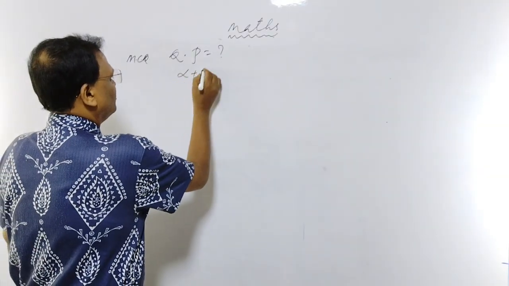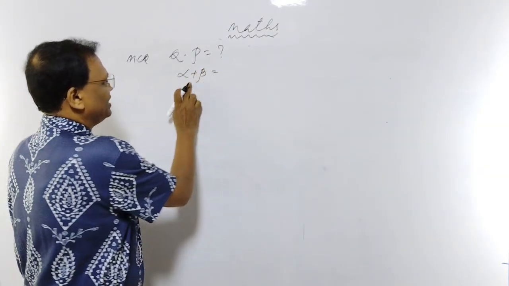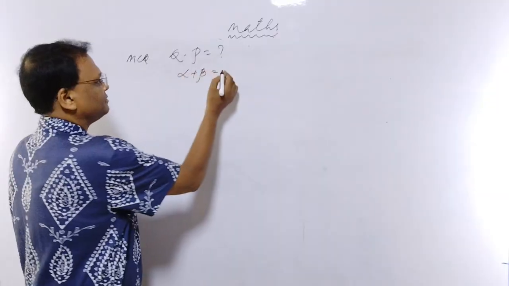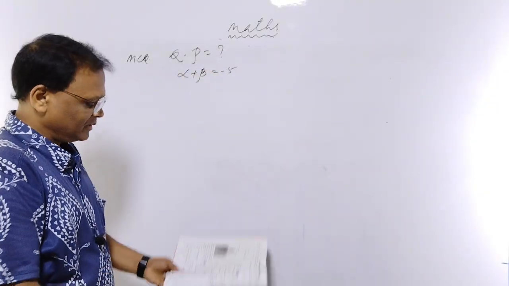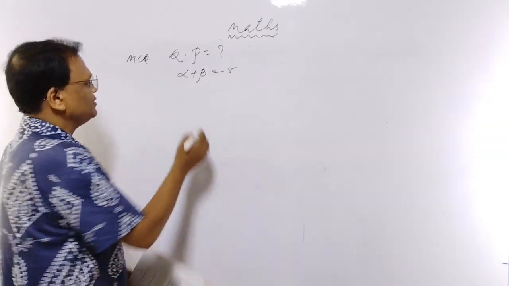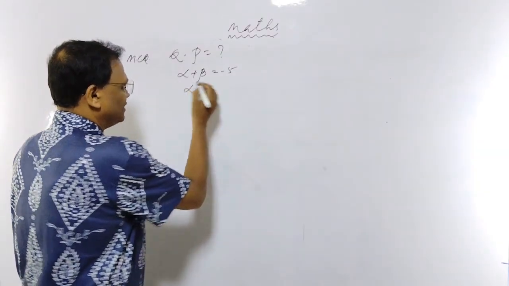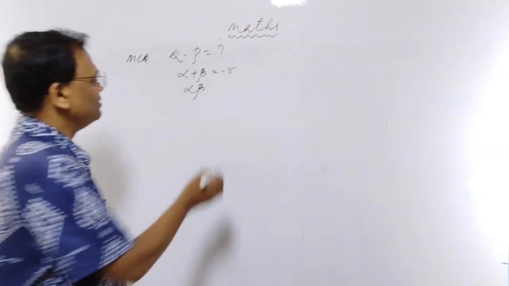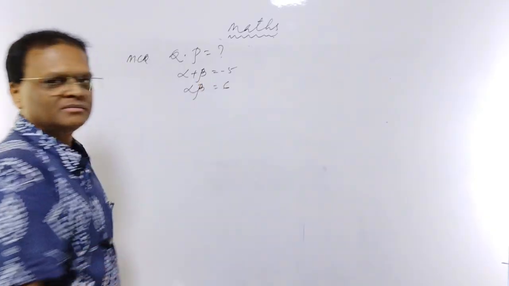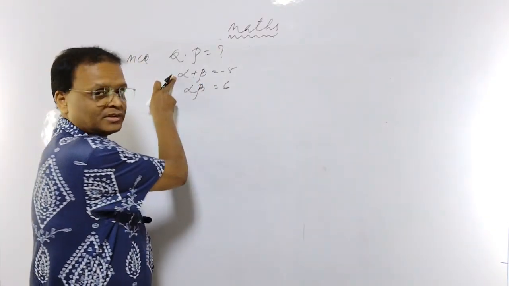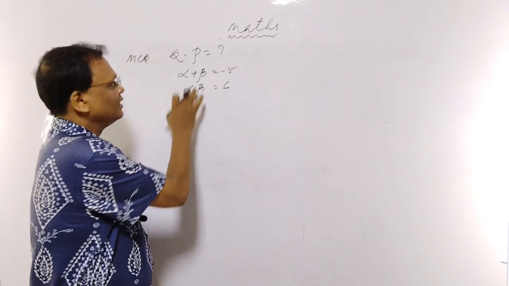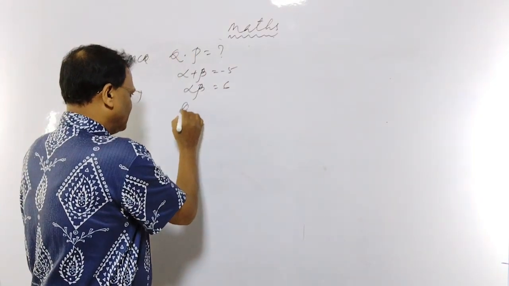As I told you already, the sum of the zeros can be written symbolically like this, -5. And the product of the zeros is given. The product of the zeros can be written as alpha into beta. This is also given, 6. Very simple. Just put the formula, get the answer.